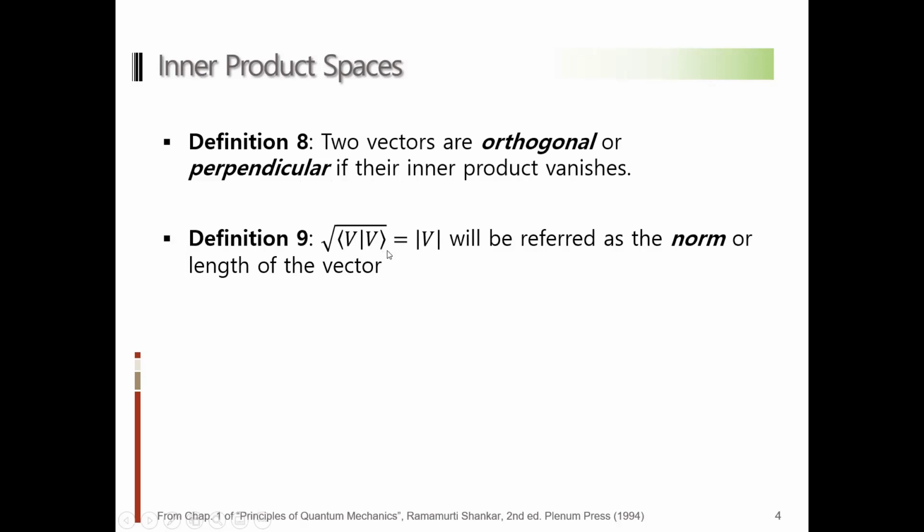And also with the definition of the generalized inner product, we can also define the concept of the length of the vector. We generally call the square root of the self inner product of the given vector a norm, and that also corresponds to the length of the vector, and it will become intuitive if you think about the definition of the length of the vector in the three-dimensional space.